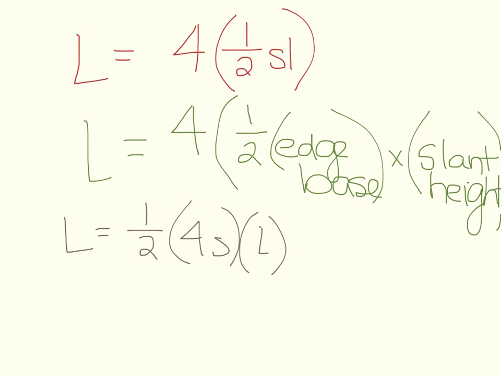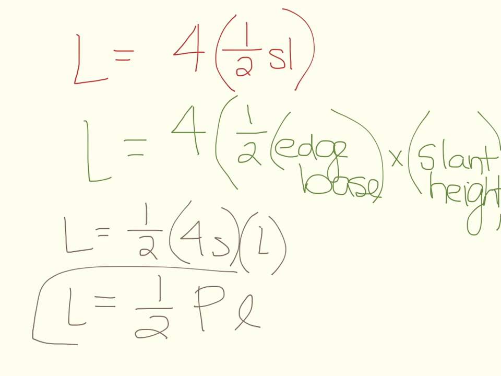Well, 4 times the edge of the base is the perimeter. So 1/2 times the perimeter times the slant height is your lateral area. This is the equation that you're going to want to memorize for the lateral faces of a pyramid.